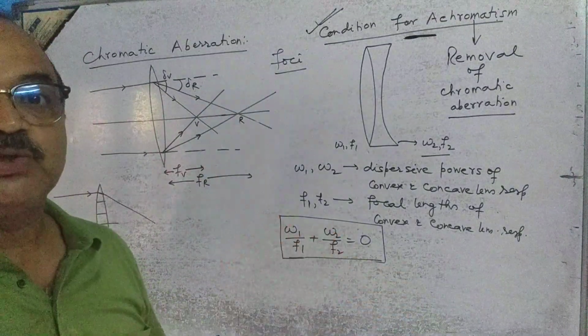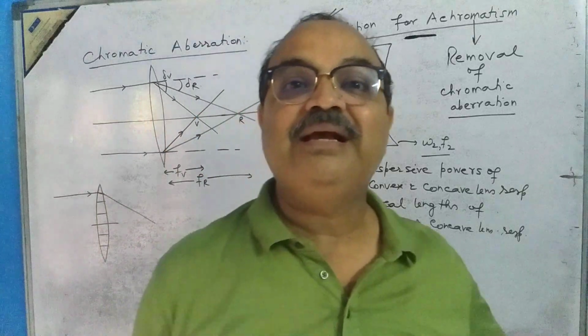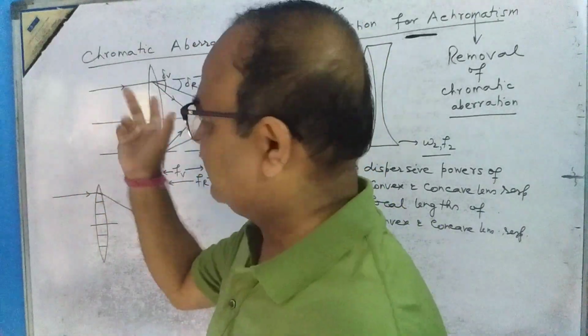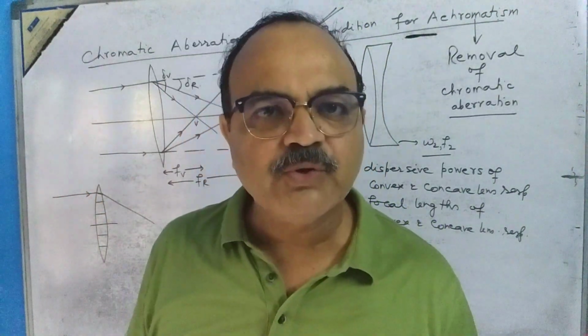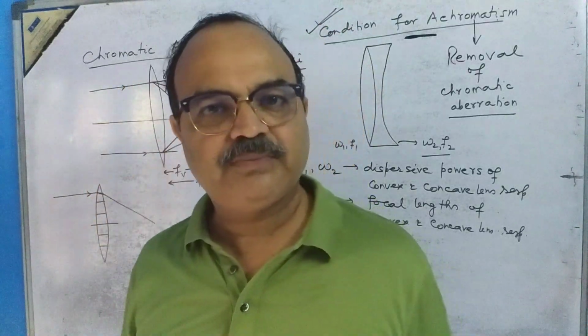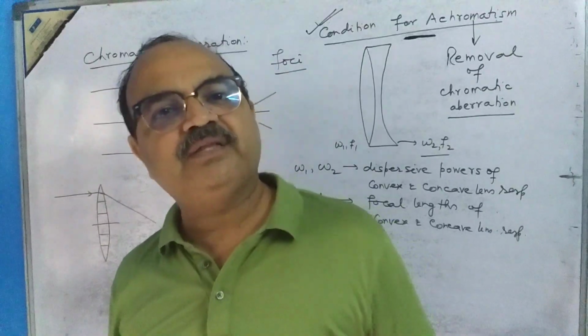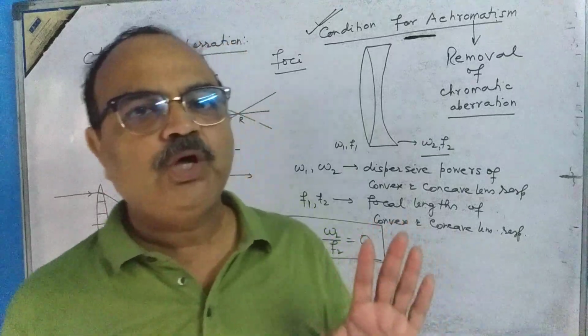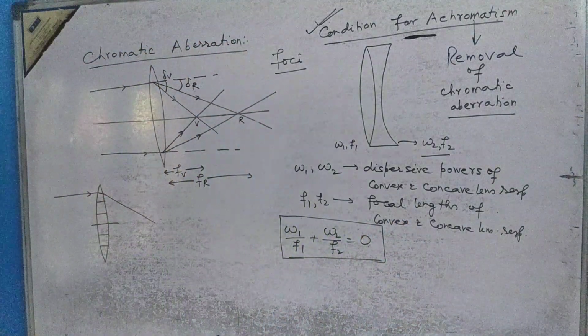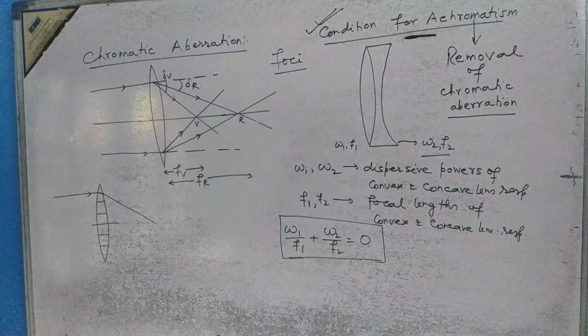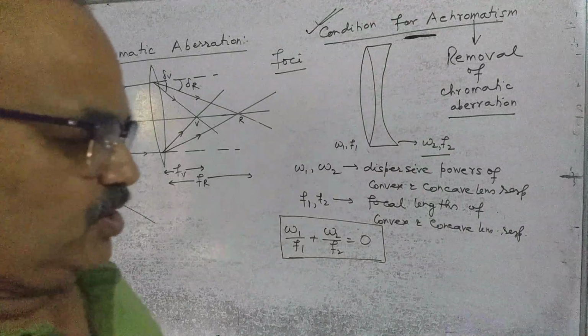If you don't know anything about this optical defect, it will be a bit of a problem for you. That's why we have discussed it. Alright, this is regarding chromatic aberration. I hope all of you agree to this.